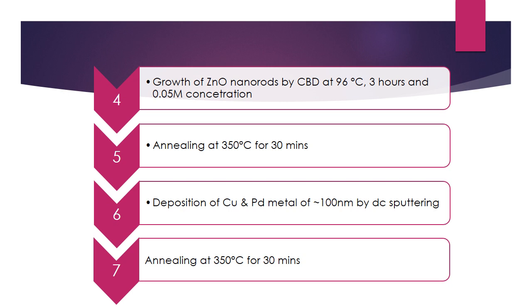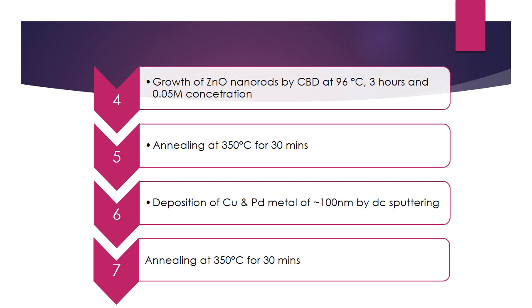After that, zinc oxide nanorods are grown on the sample by chemical bath deposition. The parameters used for chemical bath deposition are 96 degrees Celsius, 3 hours duration, and 0.05 molarity of precursor solution concentration.